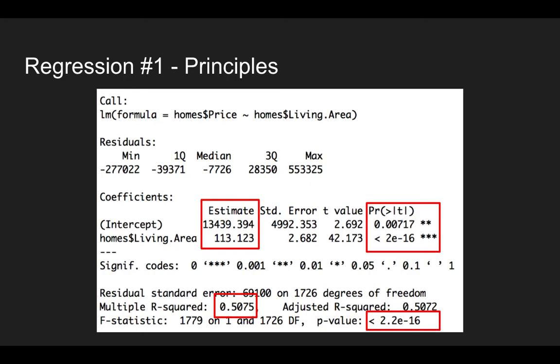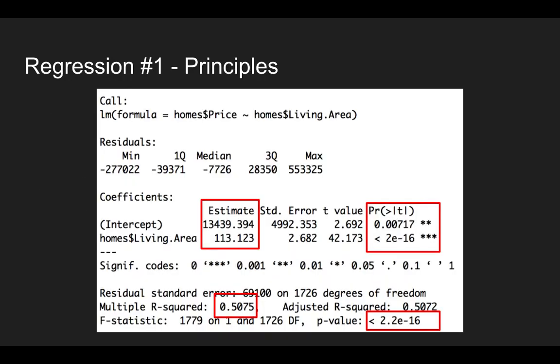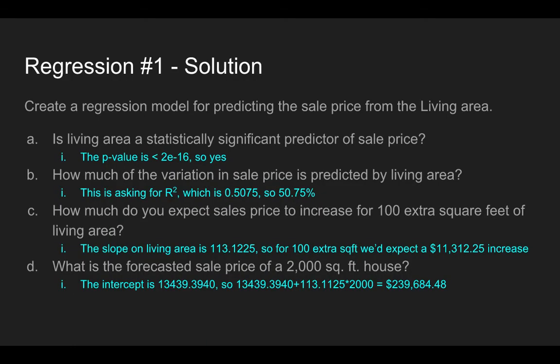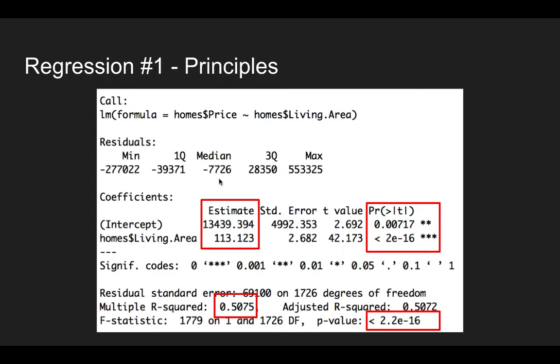Has everyone been able to get at least to the linear model summary? So you're asked, is living area a significant predictor of sale price? How can you tell that from the linear model summary?